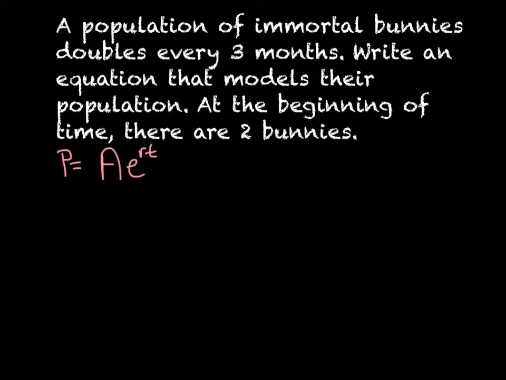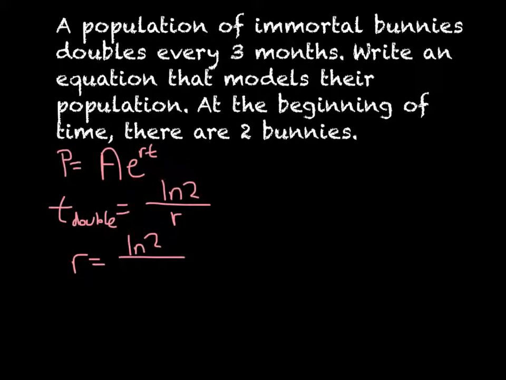If we were to do it this way, then we know that the time it takes to double is equal to the ln of 2 over r. So in order to find r, we'll take the ln of 2 and divide it by the time it takes to double, which is, in this case, 3 months. And we're going to be measuring t in months.